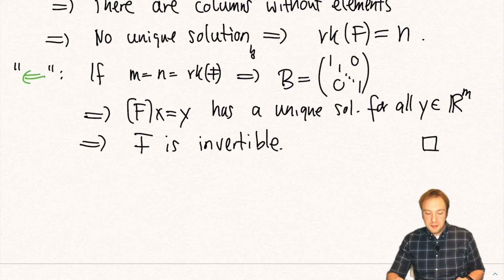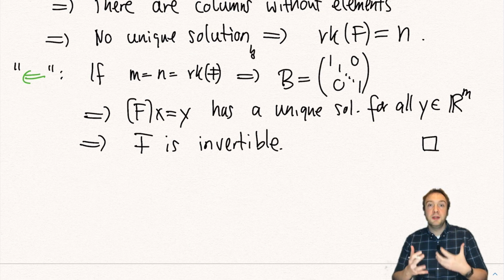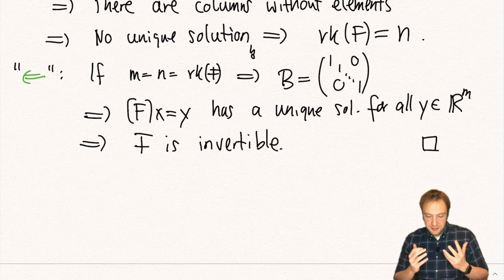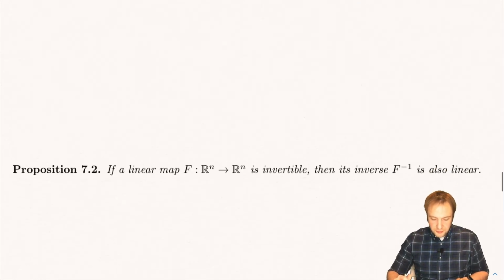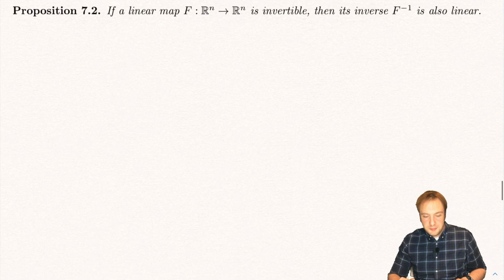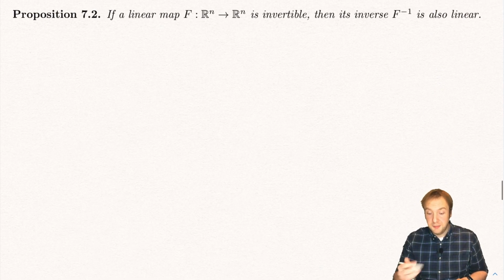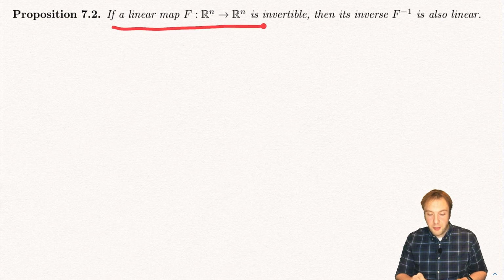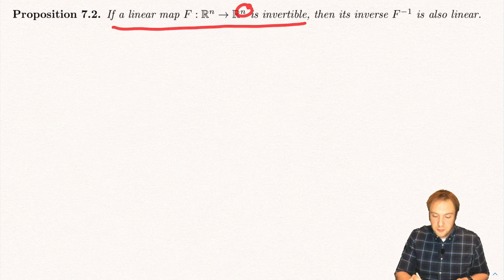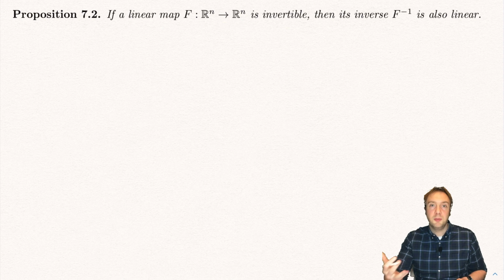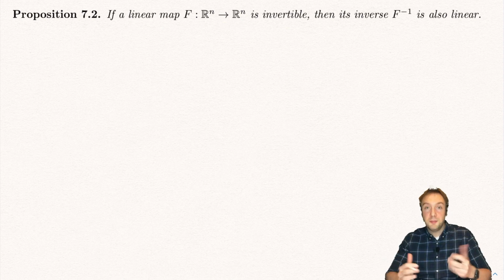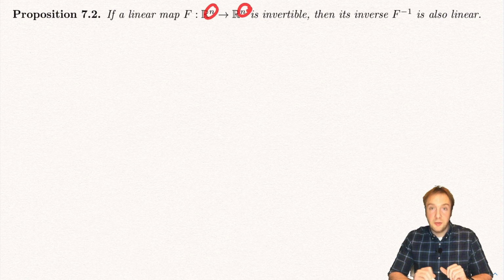Okay, so now let's see what happens if we have a linear map which is invertible, meaning we have an inverse map or inverse function, and then the next question is: is this inverse also a linear map? So this will be the next proposition, and the statement is yes it is. So if I have a linear map from R^n to R^n, so now we can assume that this m equals n, because we saw before that the only way to have an invertible linear map is if these two numbers are the same.